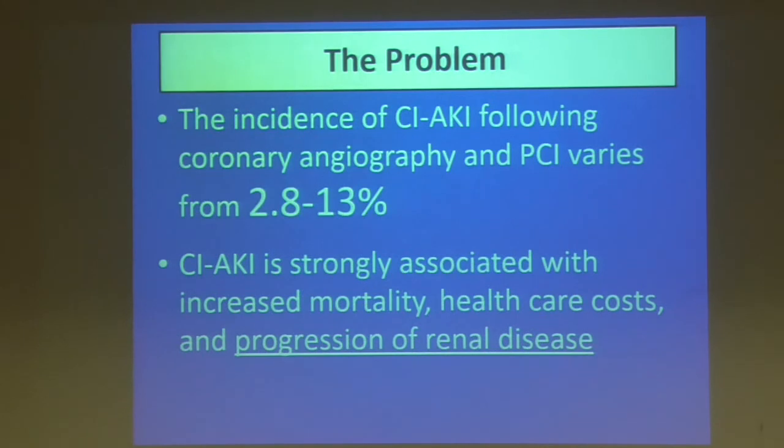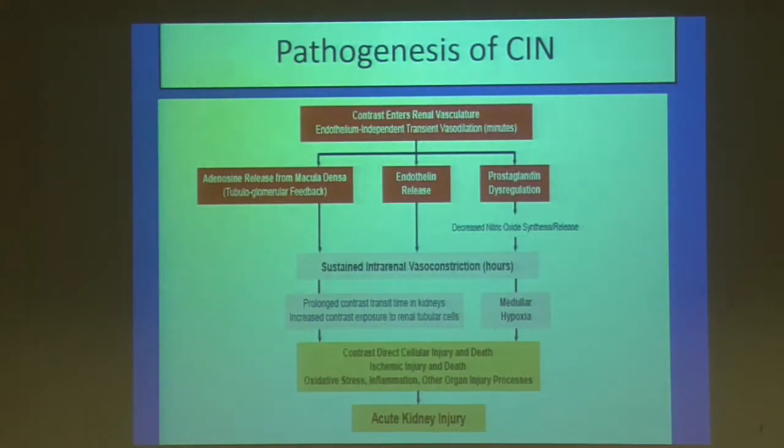The incidence of contrast-induced acute kidney injury following coronary angiography and PCI varies from anywhere from 2.8 to 13%. And it's strongly associated with increased mortality, healthcare costs, and progression of renal disease.